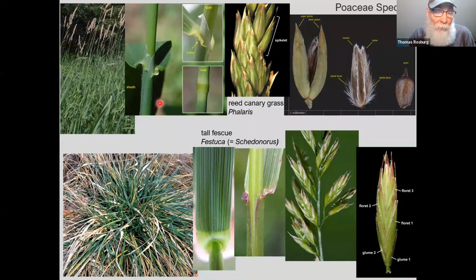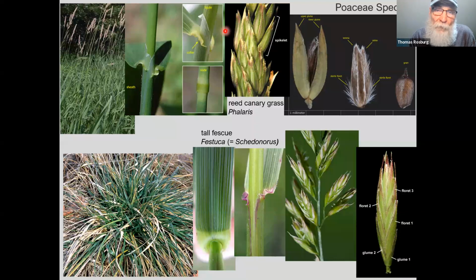Both of these are going to have open sheaths, unlike the bromes. And the ligule is the other important structure we're always interested in with grasses. The ligule on reed canary grass is a fairly tall membranous structure. We can see part of it right here. You can see part of it.